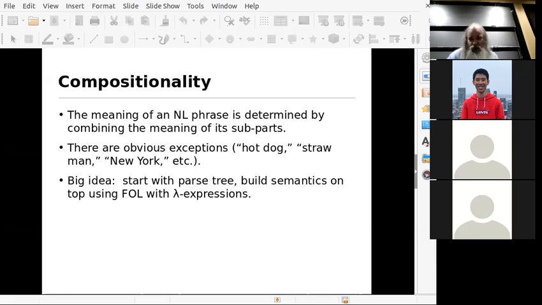The word hot dog has got nothing to do with, well, probably nothing to do with hot and nothing to do with dogs. It is a sausage, okay? The word straw man is almost never used to mean a man made of straw. It usually means a rhetorical thing in an argument. And New York is not a new York.